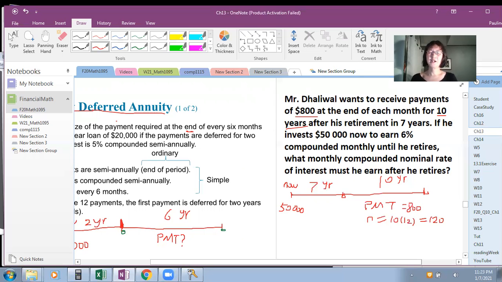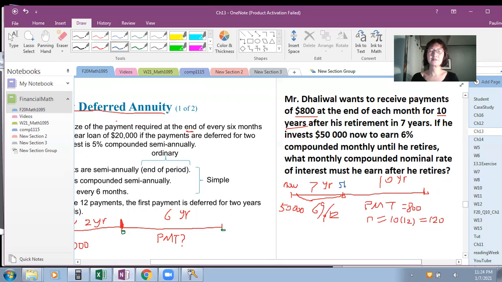From here to here, the interest is 6% compounded monthly, which means divided by 12 is the periodic rate.